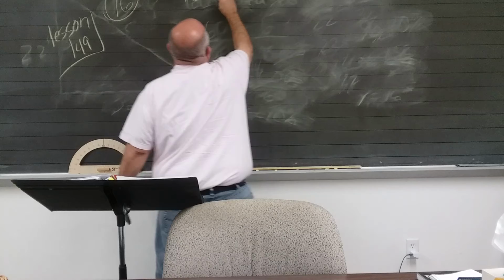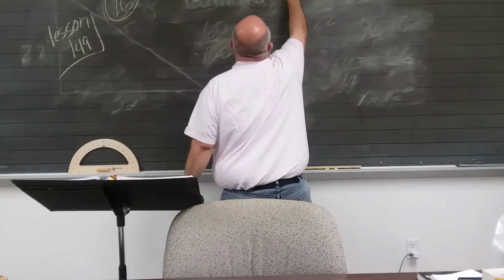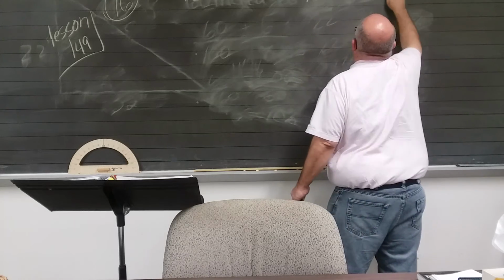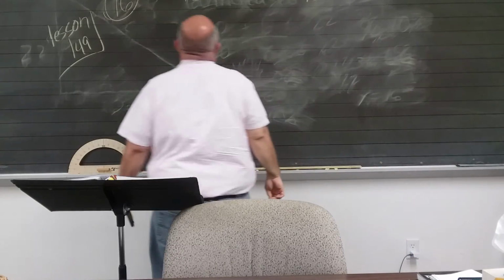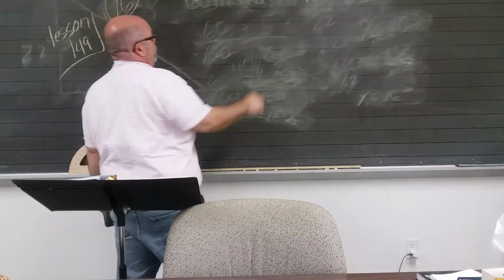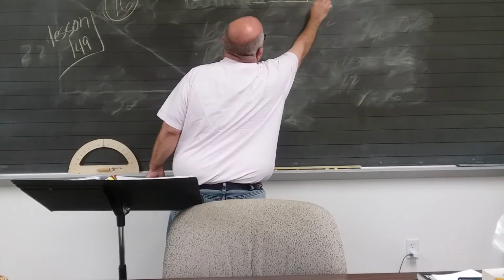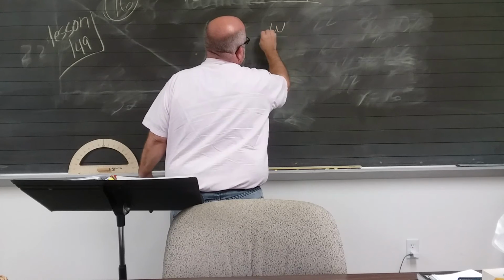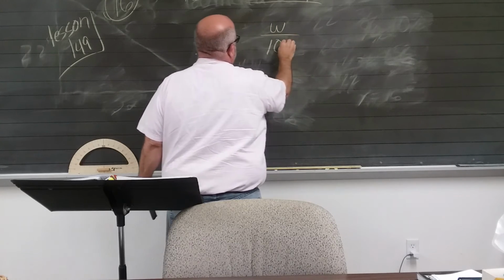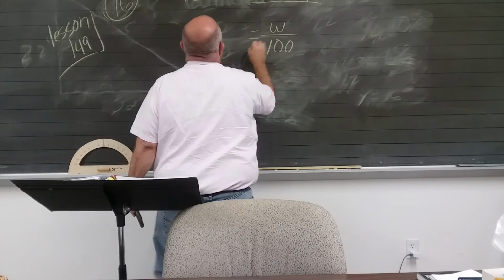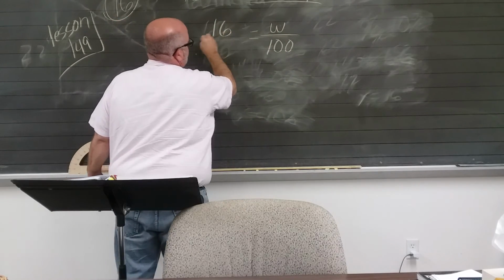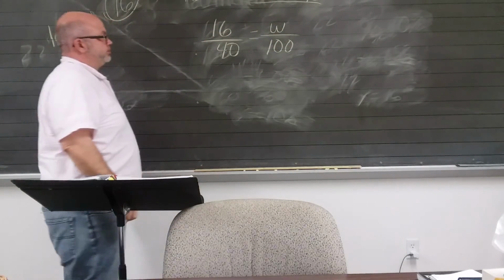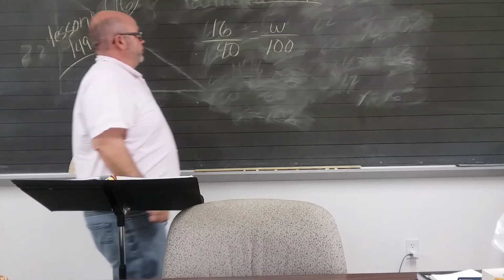So the what is your missing number, and it's a percent that you're missing. So your missing number, your what, is over 100, right? This total is 100%. Percent is what you're missing. 16 is what percent of 40? And then do the math.